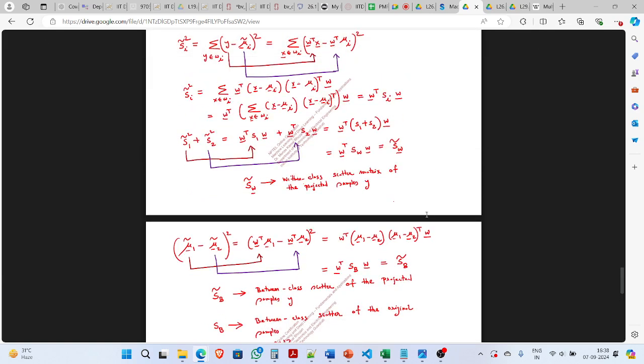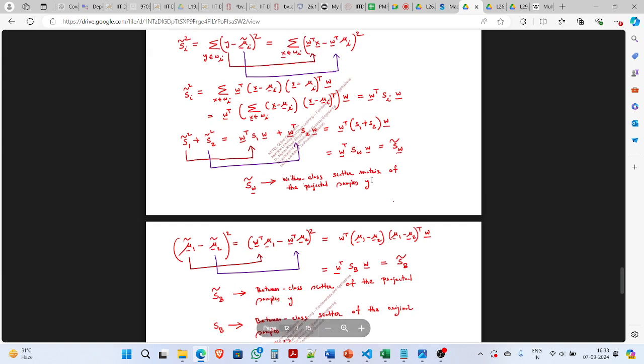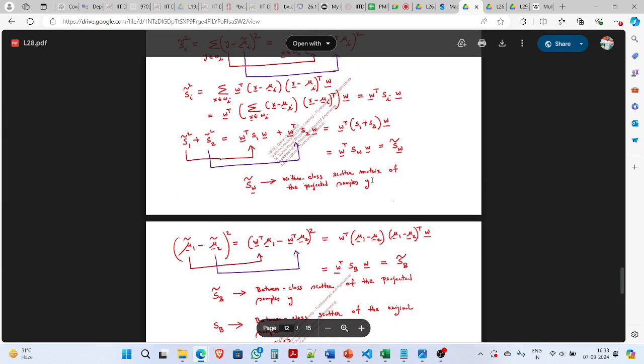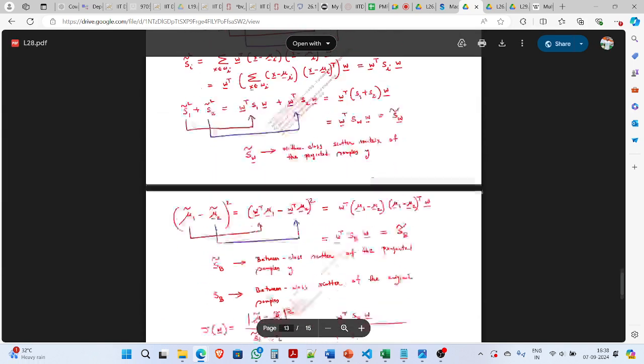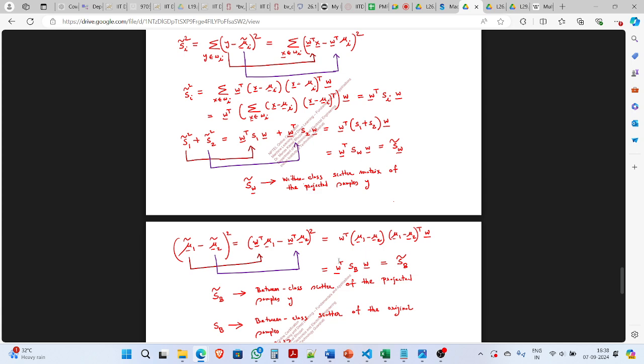Next we have this. First of all, this difference can be represented like this.